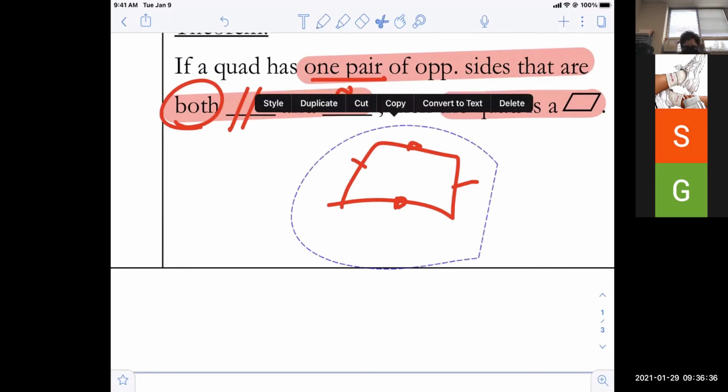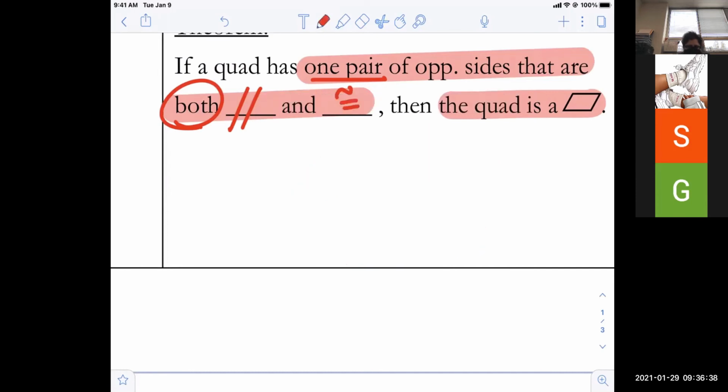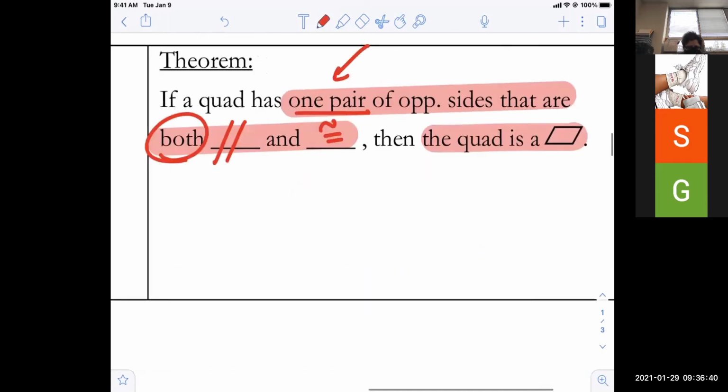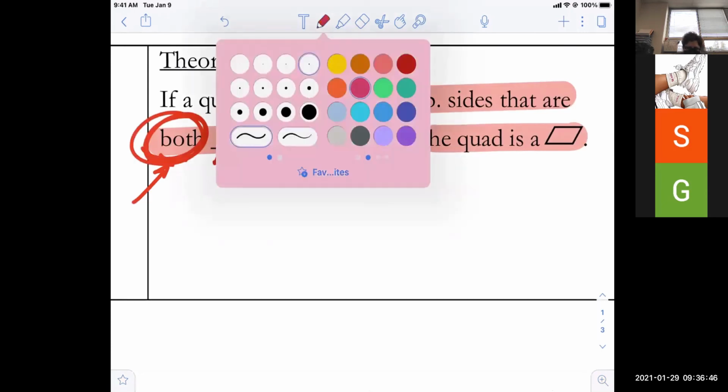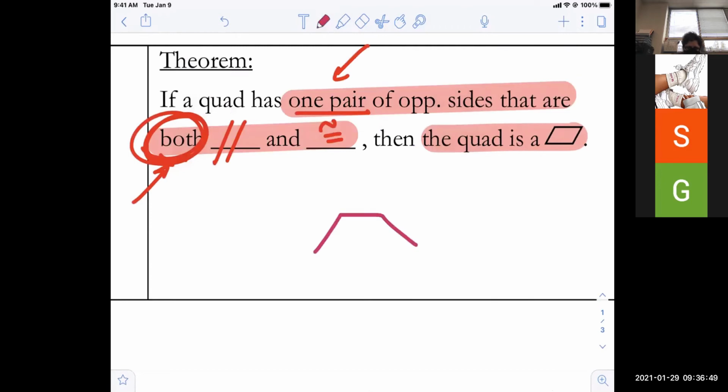Again, the reason it says one pair is both parallel and congruent is because if you don't guarantee that, you might end up with an isosceles trapezoid. Now trapezoids in general don't have to have any congruent sides, but an isosceles trapezoid does.